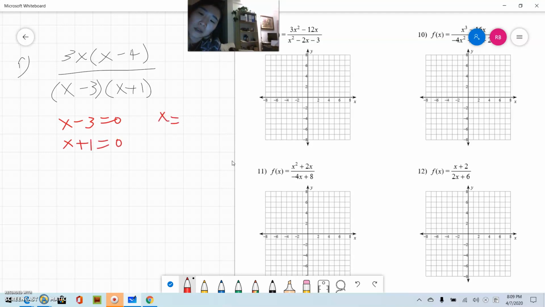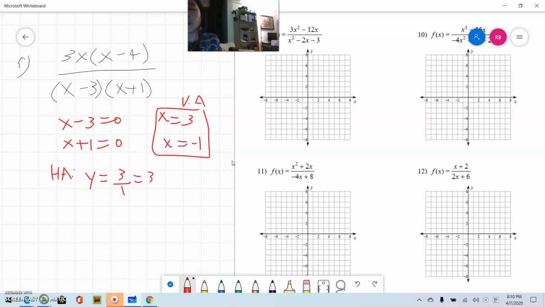So x equals 3 and x equals -1 are my vertical asymptotes. Horizontal asymptote: since the degree of the numerator and denominator is equal, my horizontal asymptote will be y equals 3/1, so just y equals 3.